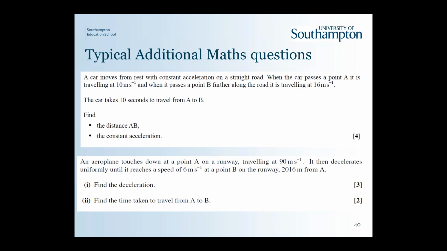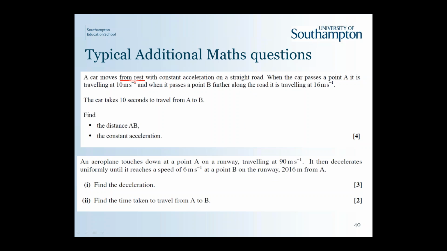So a car moves from rest. The car moves from rest with constant acceleration. Now at GCSE, it's always going to have constant acceleration because anything non-constant is too complicated. On a straight road, when the car passes a point A, it's travelling at 10 meters per second.